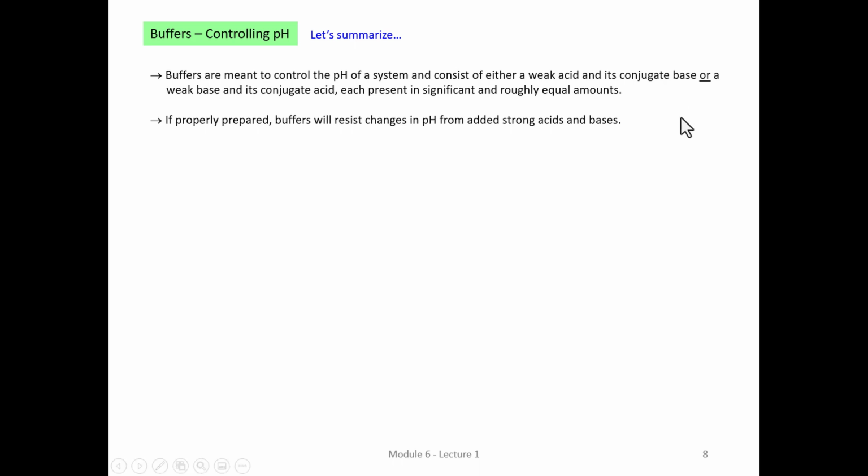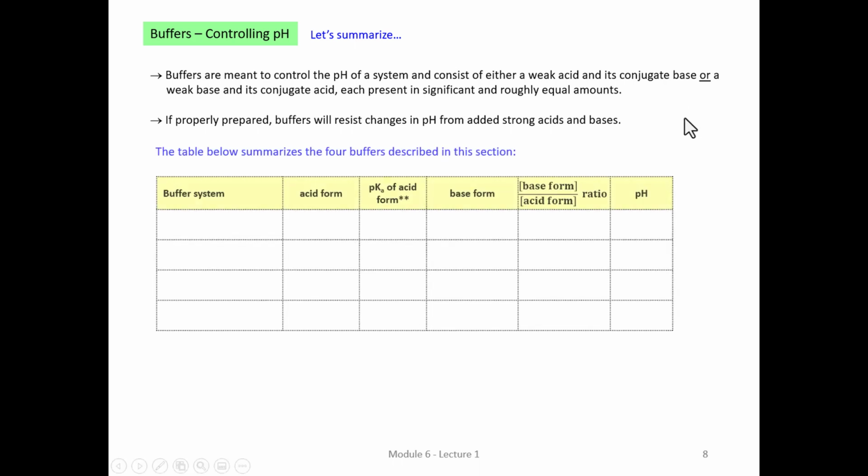Let's summarize the buffers we worked with in this lecture. The first was the acetic acid acetate buffer. The second was the phosphoric acid dihydrogen phosphate buffer. The third was the dihydrogen phosphate hydrogen phosphate buffer. And the fourth was the ammonium ion ammonia buffer.